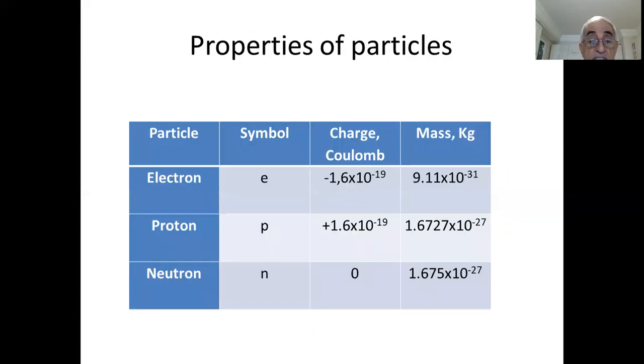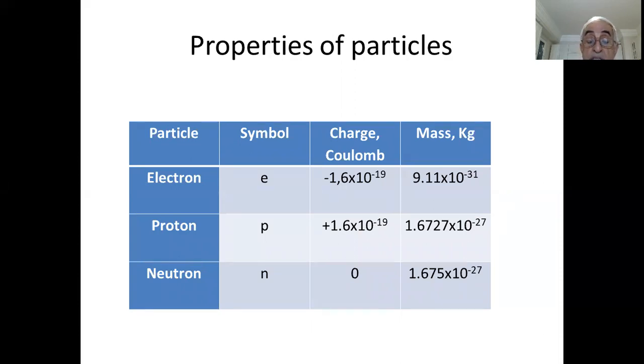Properties of the particles: the electron, symbol e, has charge minus 1.6 multiplied by 10 to the minus 19 coulomb, and its mass is 9.11 multiplied by 10 to the minus 31 kilogram.